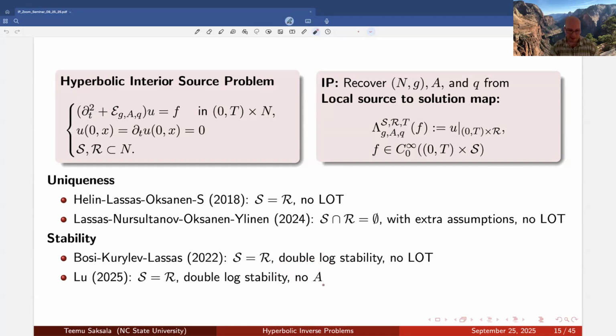So what we see in this paradigm, whichever measurement I look at, be it the source to solution operator or the DN map, is that this disjointness of the data is a huge issue. It's really not solved without quite strong geometric assumptions. So again, I challenge you guys to try to prove this kind of result without assuming these extra assumptions, and this would be a huge breakthrough in our field.